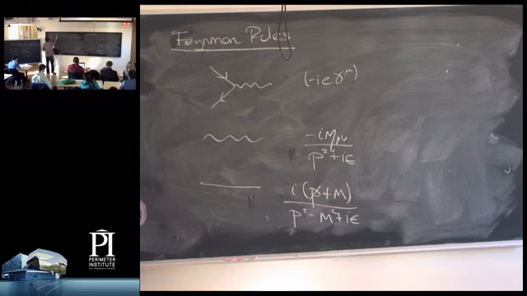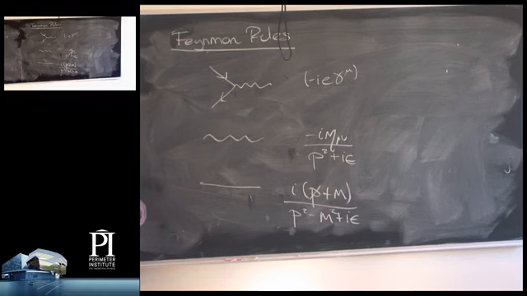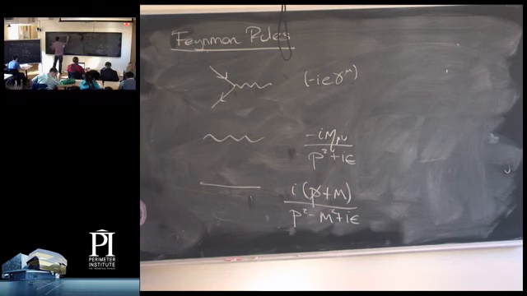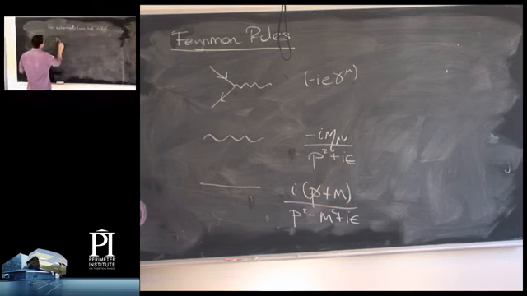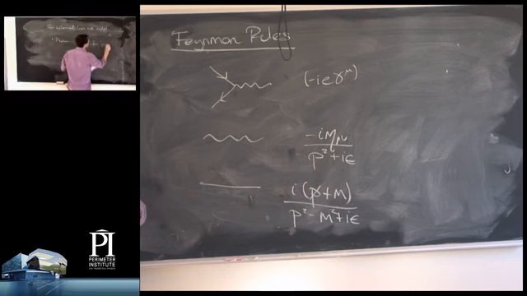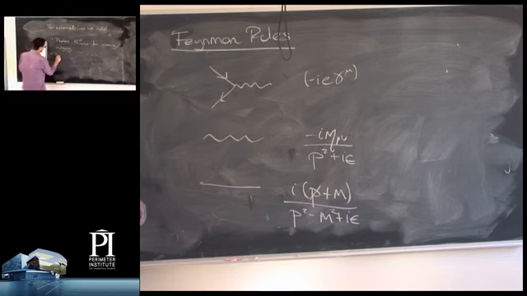So for external lines, for photons we just add some polarization vector that stipulates what the polarization is. And for fermions, we add what we saw before.